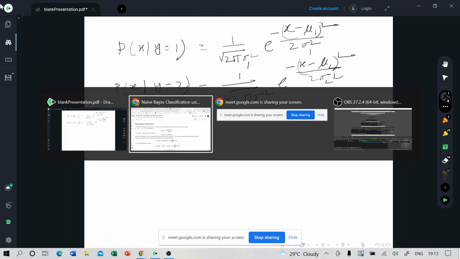So each of those has two parameters. As a result, the total number of parameters of the model will be 2 into d, which is linear in d.